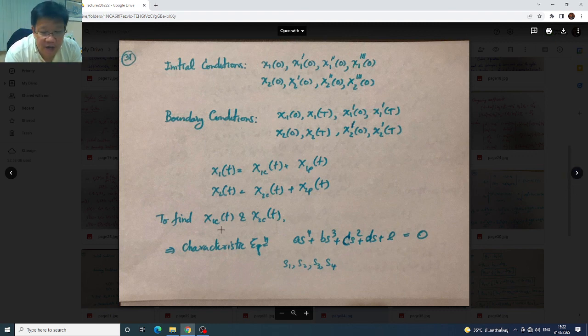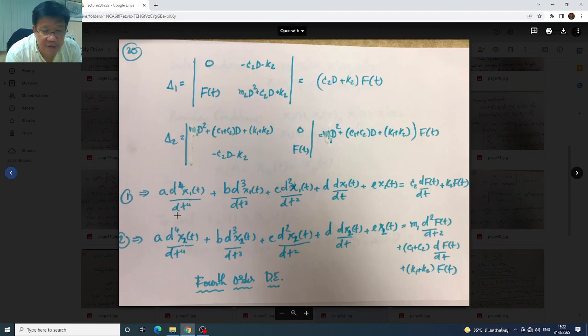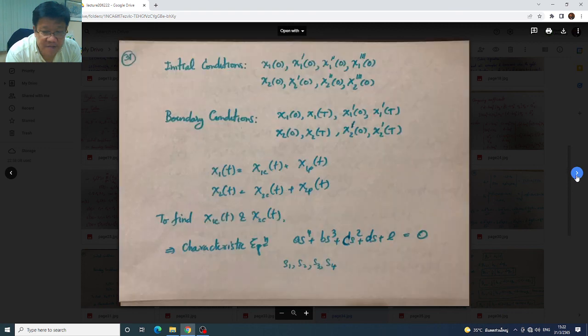To find x1c and x2c of t, first, it's easy to see that both equations have the same characteristic, or auxiliary, equation: s to the 4 plus b s to the 3 plus c s to the 2 plus d times s plus e equals 0.